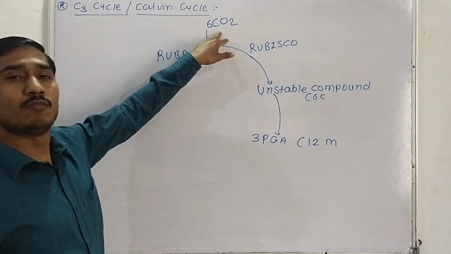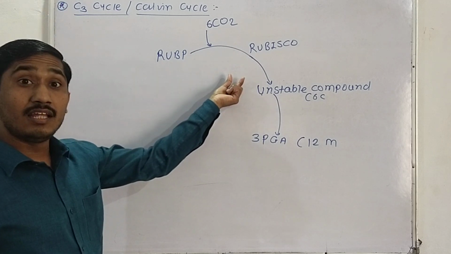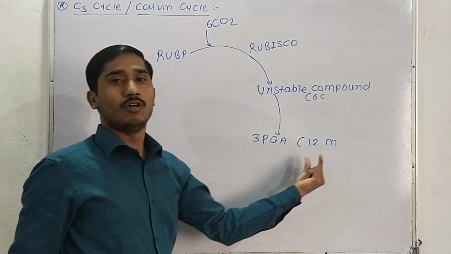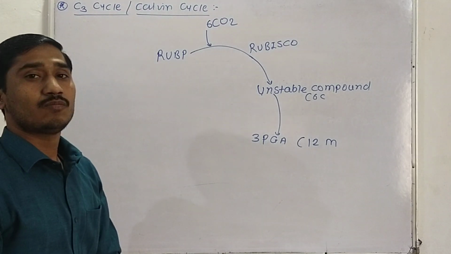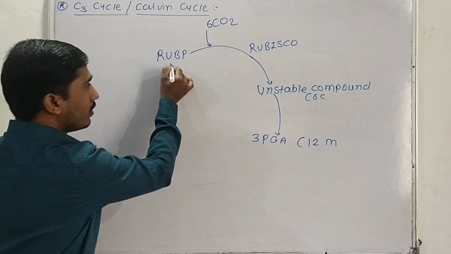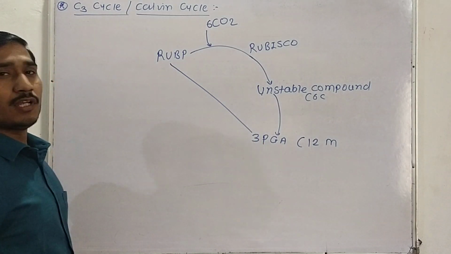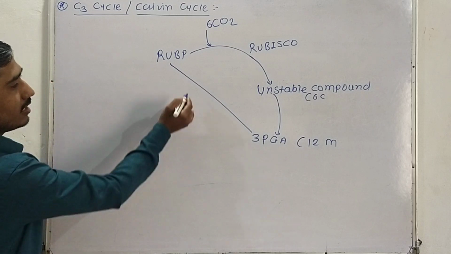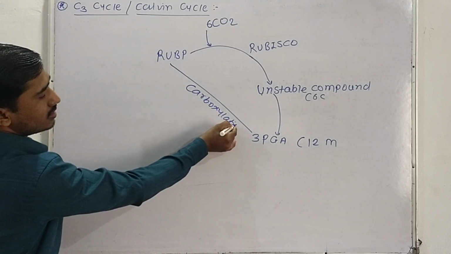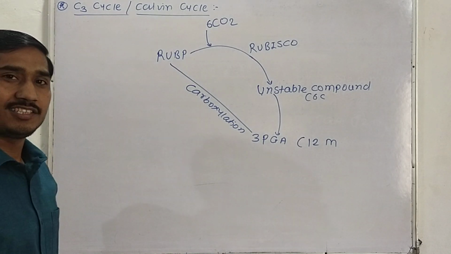Here, 6 CO2 molecules are participating in the Calvin cycle. That's why there are totally 12 molecules of PGA, that is phosphoglycerate, which is the first stable product. Now, the conversion of RuBP plus CO2 into PGA, this step is called carboxylation.